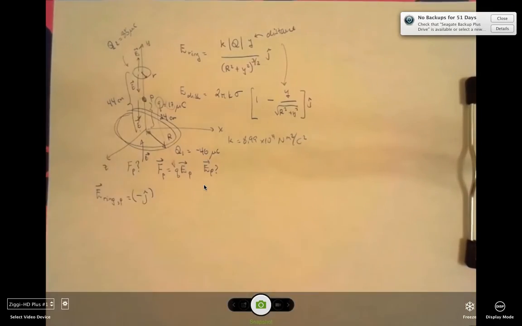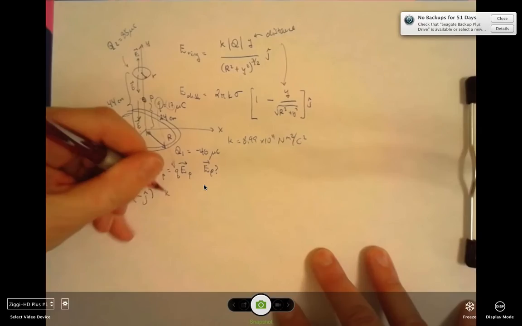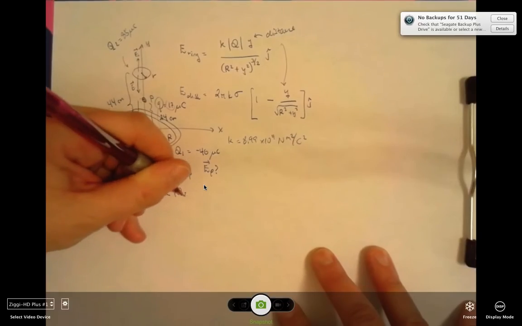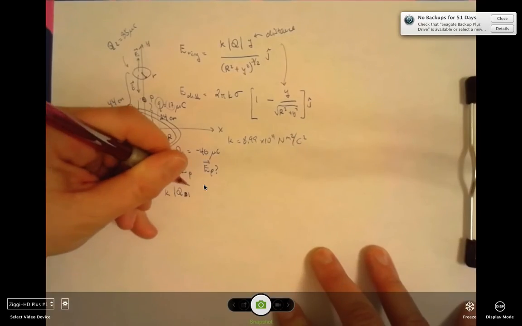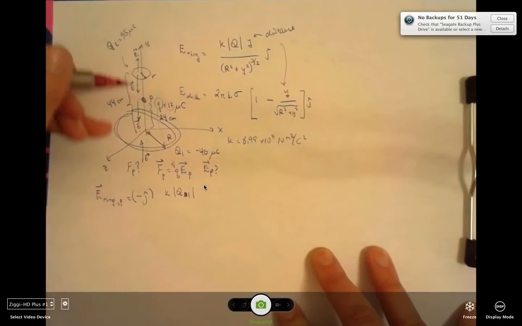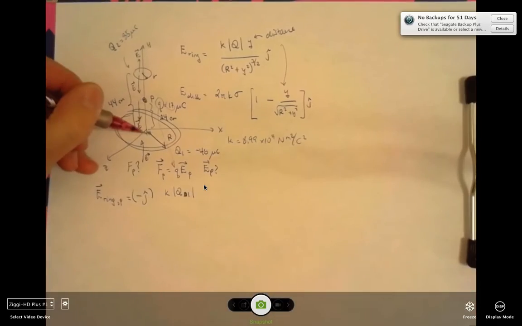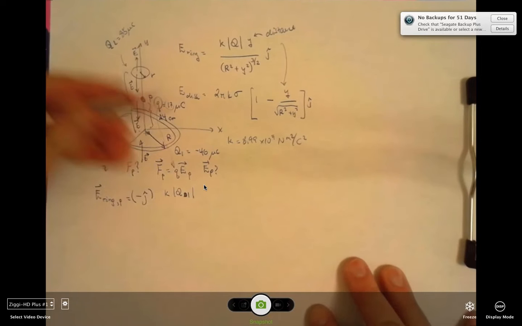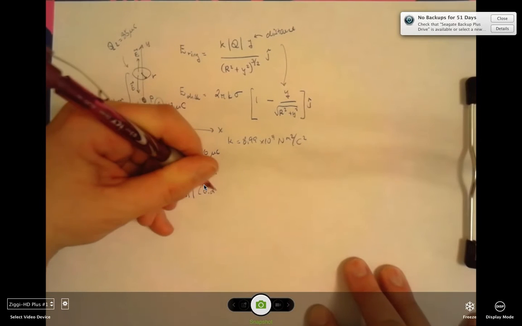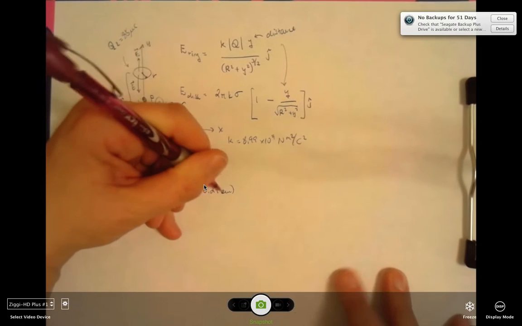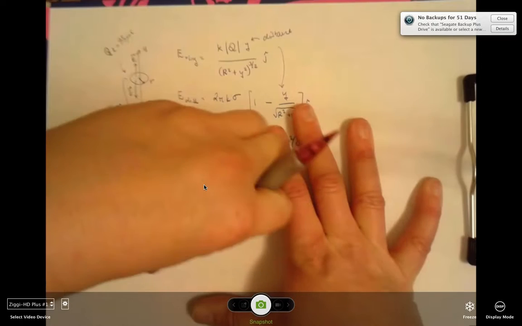Put that out front. Okay, and then it's going to be k, Q1 was the ring, times the distance between P and the center of the ring. That's our 24 centimeters, 0.24 meters. Actually, let me just put the numbers in here.